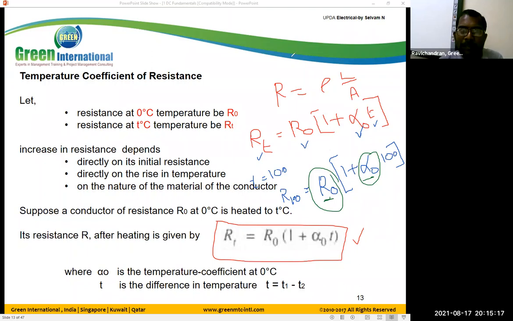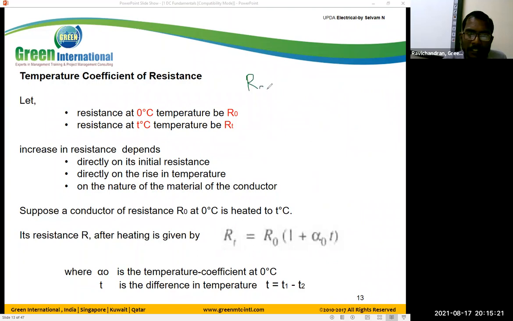For understanding purposes, for example, R naught is equal to 10 ohm. This is for copper. This is not the ideal value; for understanding, I use this number. So the R naught value is 10, from the data sheet for copper.